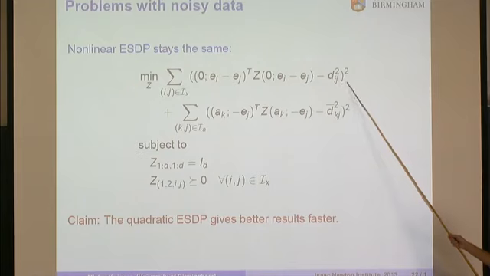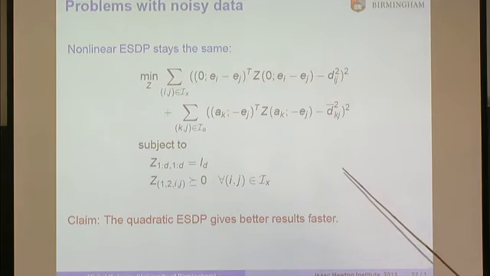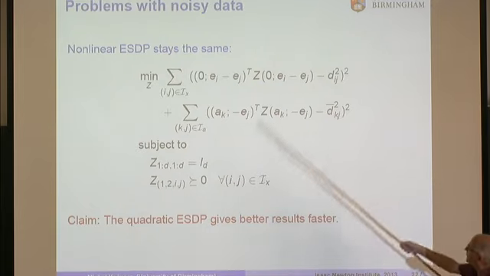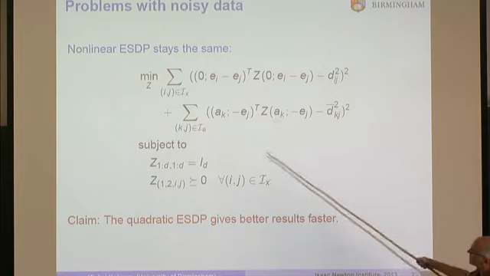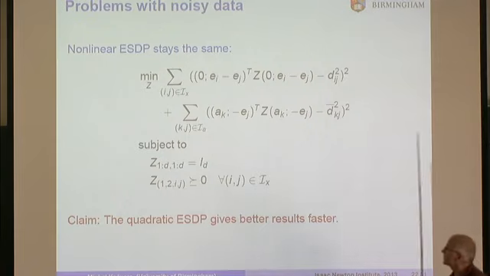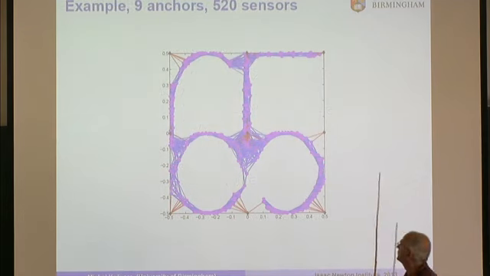If they are exact, I know that the solution should be 0. If they are not exact, the minimum will be something other than 0. But the formulation of the problem is exactly the same. So the claim, which is supported by numerical evidence and nothing else, is that it's better to solve the quadratic SDP than the linear SDP, that you will get better results faster. So that's the motivation for the nonlinear SDP formulation.